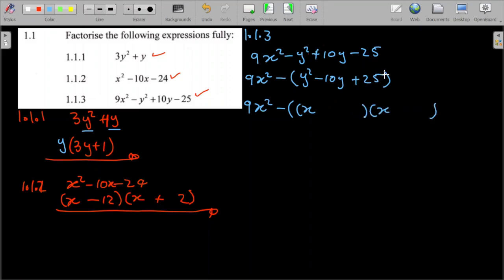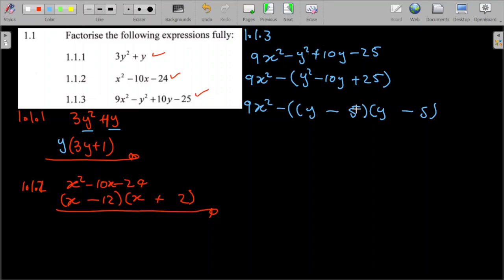The factors of 25 are 5 and 5. Remember, we're looking for this negative 10. So if we make this negative and this negative, hey, another mistake that I just made: it's not x, it's y. So make sure you also don't make the mistake that I just made. So it's y and y.